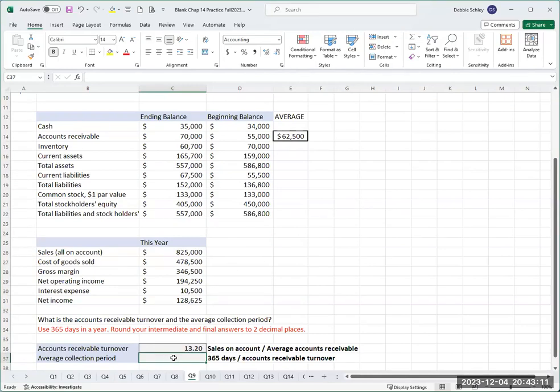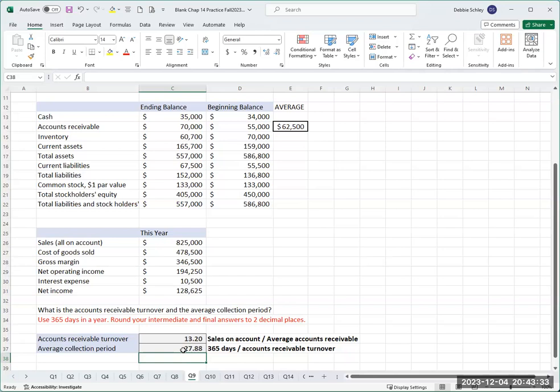And then average collection period equals 365 divided by the accounts receivable turnover. Oh, whoops, I did it backwards.